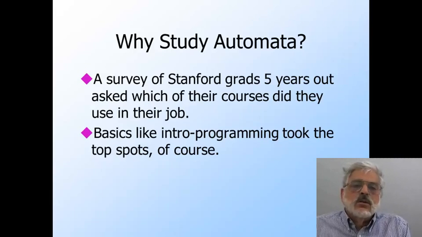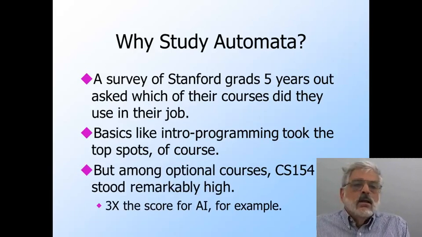Next came our sophomore level courses covering basic data structures and algorithms and systems software. Again, no surprise. But after the required courses, we found that CS154, the automata course on which this set of videos is based, was second after the database course. It was cited by 3 times as many as cited the introductory AI course, for example.